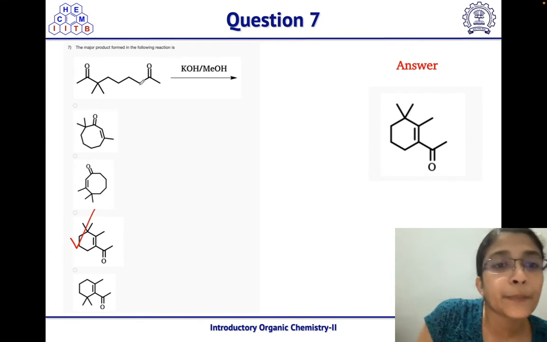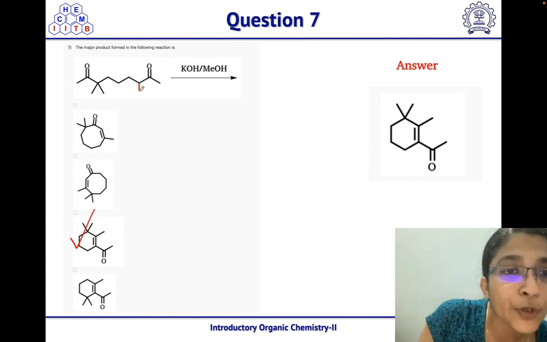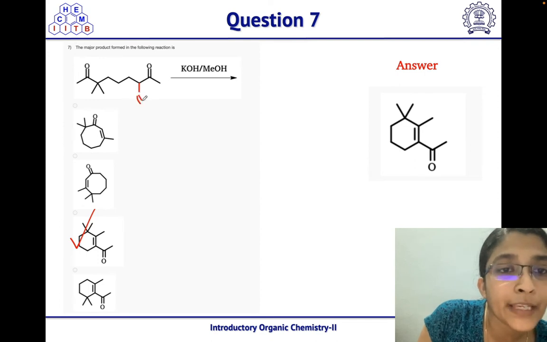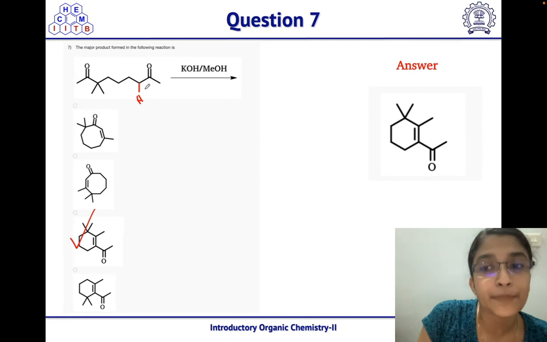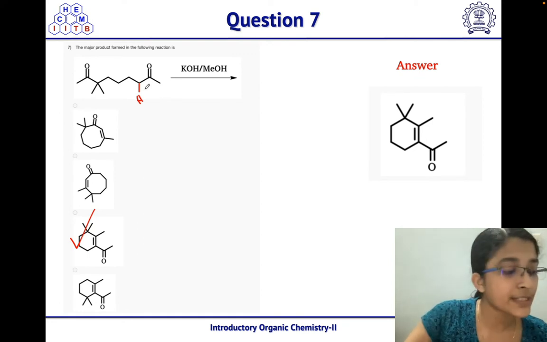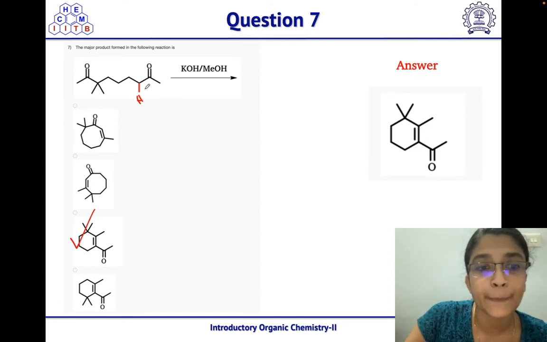Here you should keep in mind that this proton will be abstracted by the base, and it will result in formation of a six-membered ring, because formation of an eight-membered ring is less favored compared to formation of a six-membered ring. Six-membered rings, five-membered rings, etc. will be stable ring systems compared to other ring systems. I hope this is clear for everyone.